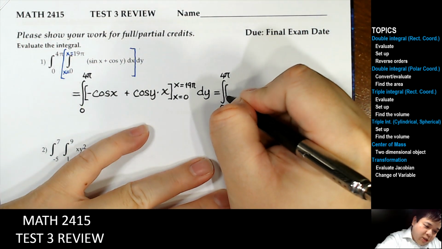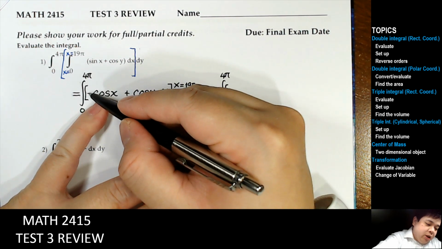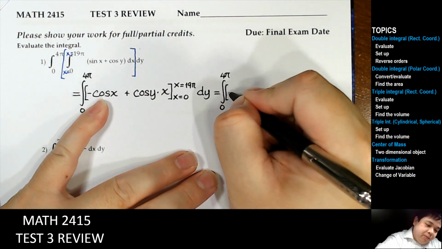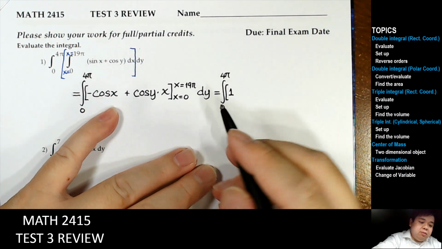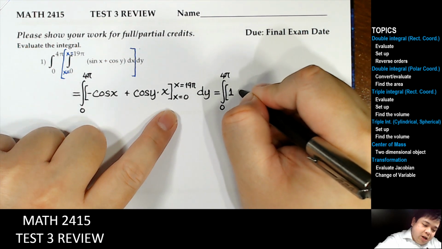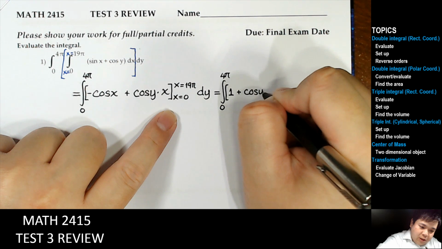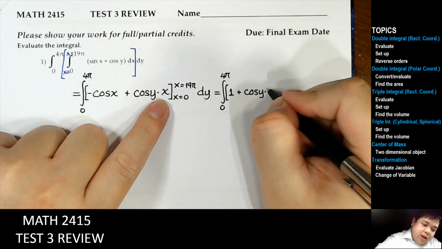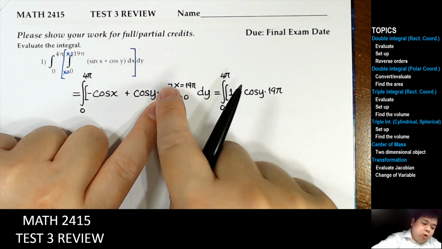So I will just write cosine of 19 pi is negative 1 with an extra negative. It's going to be 1. And put 19 pi here, we have plus cosine of y times x is 19 pi.